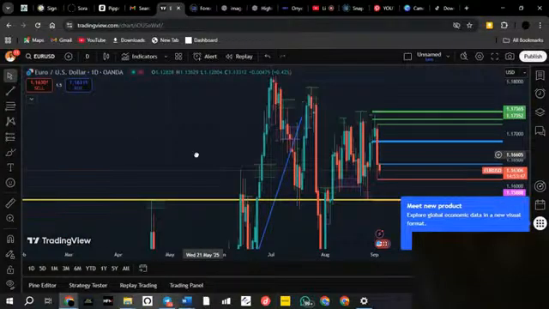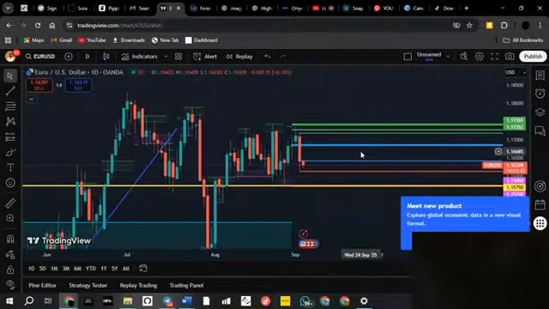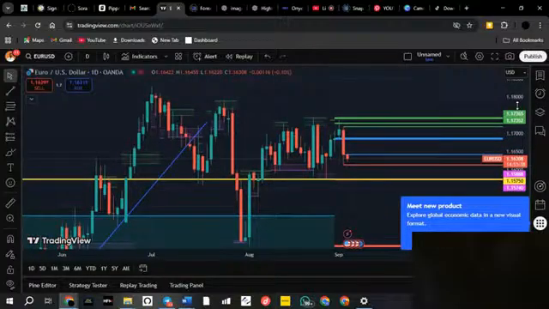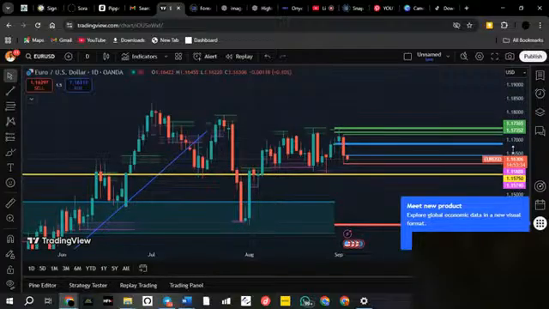So what can we see on the daily time frame? This is Euro USD on the daily time frame. We could see that the market has gone into a recent demand zone.